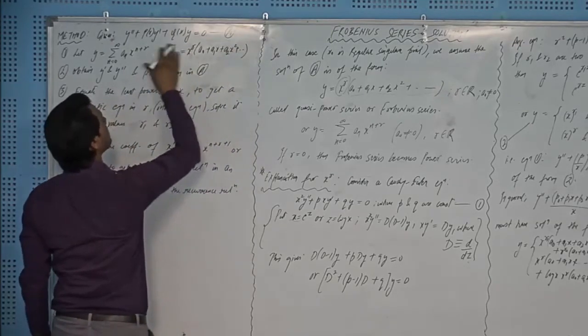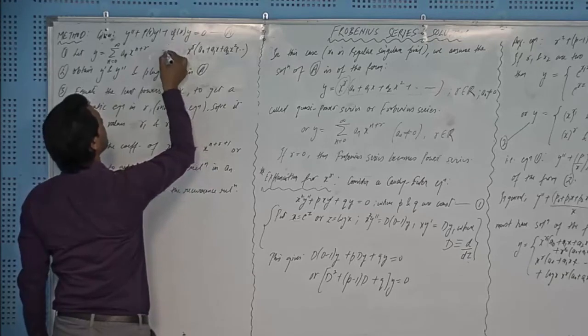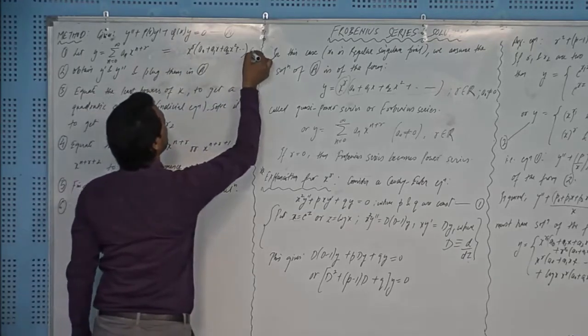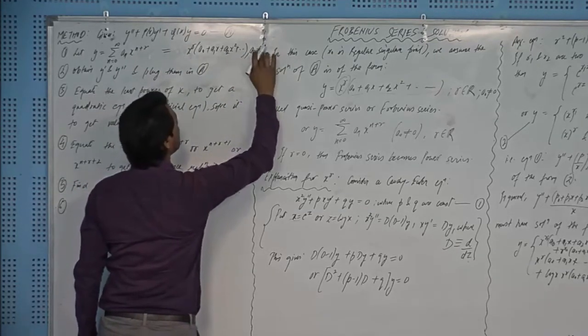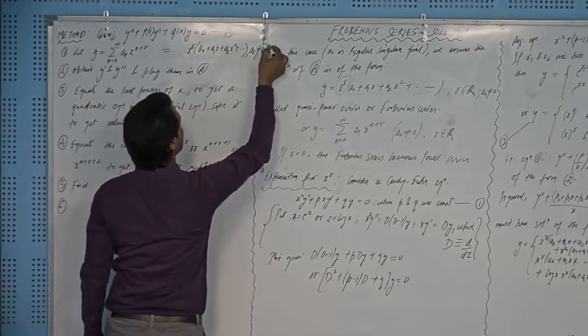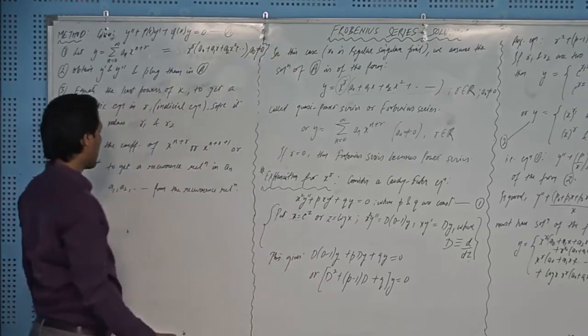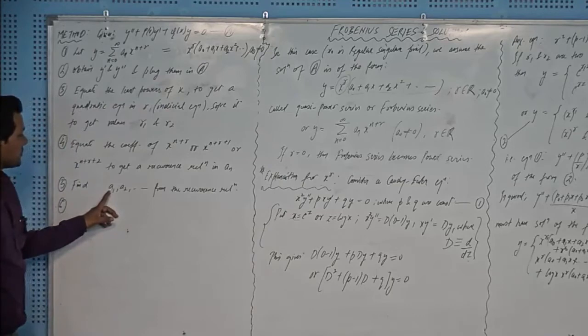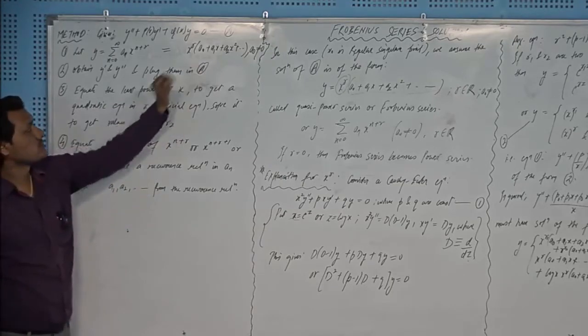I will write that here, where a naught is not equal to 0, right? Okay, so we can put these coefficients a1, a2 and so on in this power series.